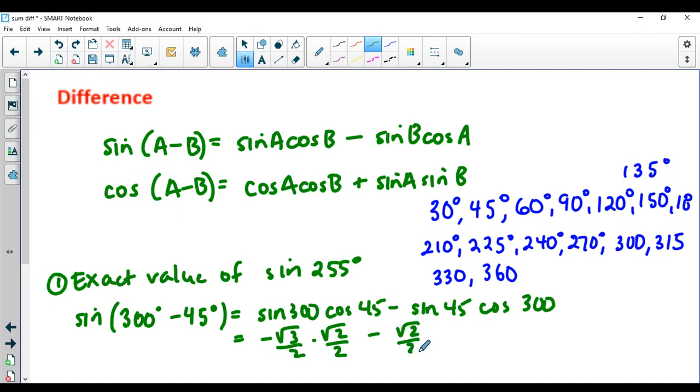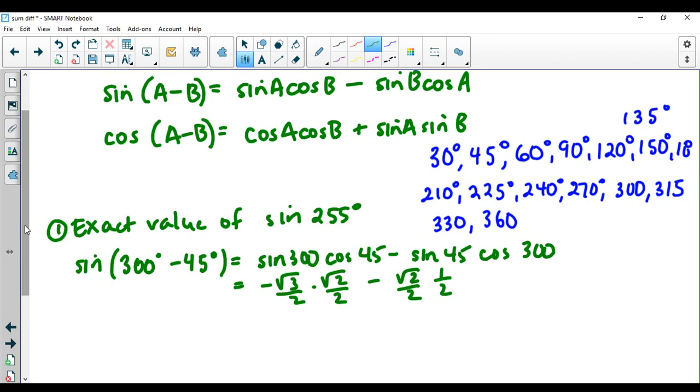Sine 45 repeats. Cosine of 300 is a half. Okay, so that's negative square root of 6 over 4. There we go. So they're very, very repetitive values. It's actually the same answer as before, and that's the exact value.